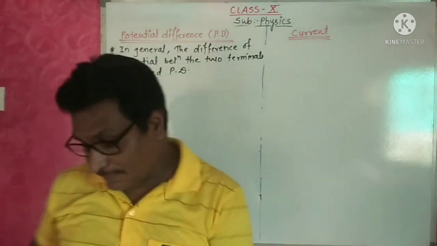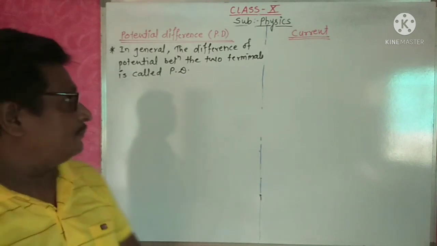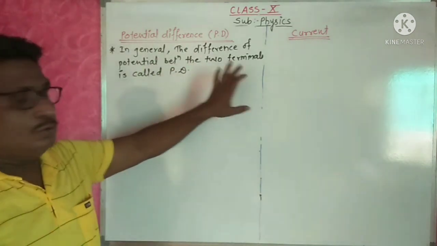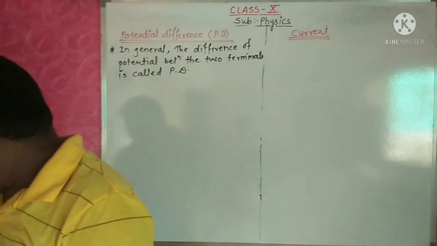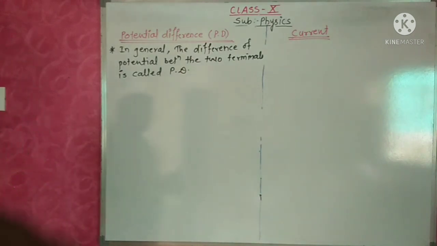This is the general definition. The difference in the potential between the two terminals is called potential difference. And what is the current in general?